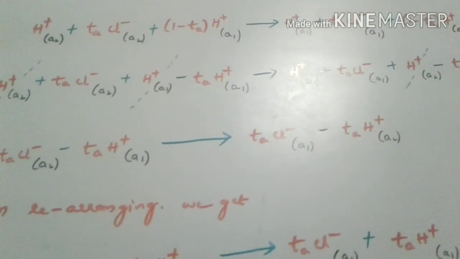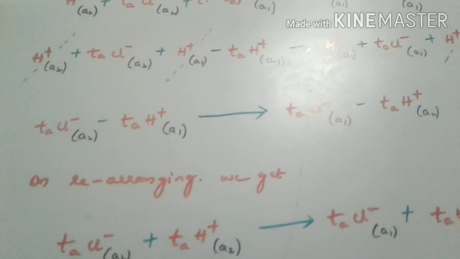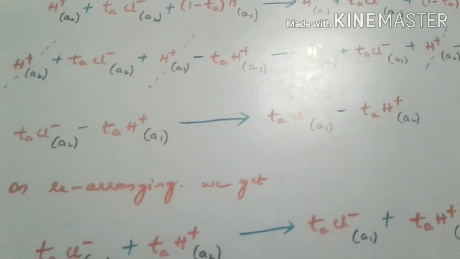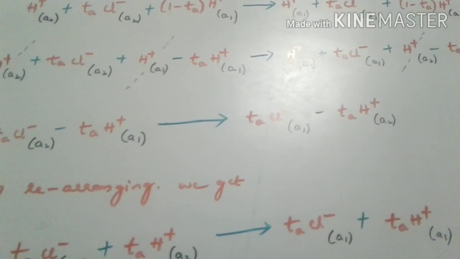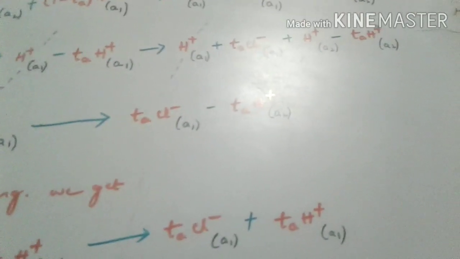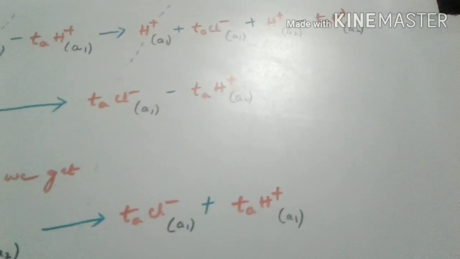Then opening the bracket of (1 minus Ta) H plus on either side, we get H plus A2 plus Ta Cl minus A2 plus H plus A1 minus Ta H plus A1 gives rise to H plus A1 plus Ta Cl minus A1 plus H plus A2 minus Ta H plus A2.